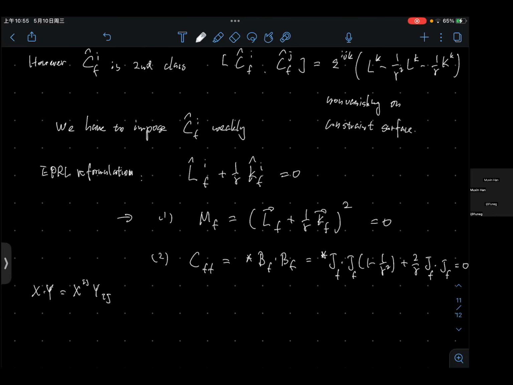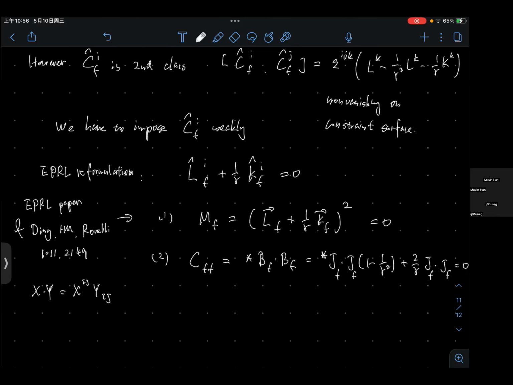If you're interested in the story behind it, you can either look at the EPRL paper, or you can look at my paper with Yu Ding and Carlo Rovelli.